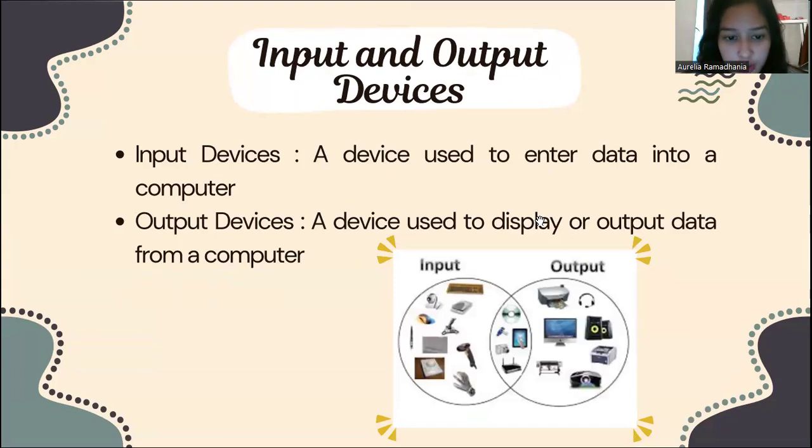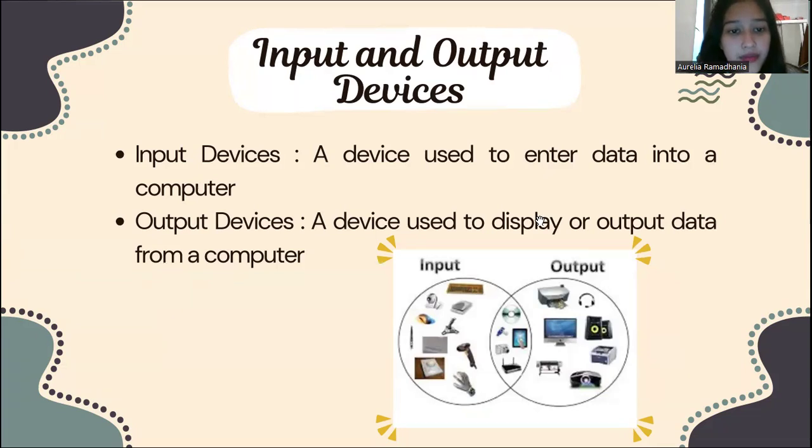Okay, next, input and output device. For the input, a device used to enter data into a computer, like keyboard is to type data, mouse for navigation and interaction, scanner to convert whole documents into digital ones.